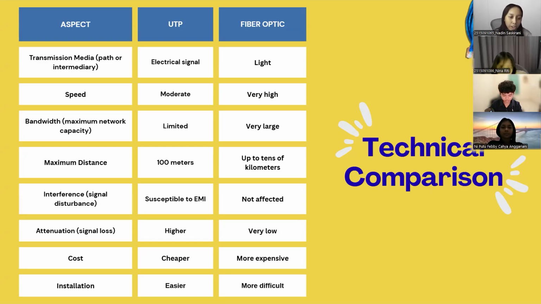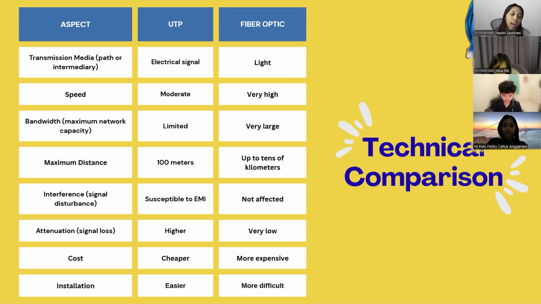Next is bandwidth or maximum network capacity. UTP cable has a limited bandwidth, while fiber optic has a very large bandwidth. For maximum distance, UTP has 100 meters, and fiber optic can reach up to tens of kilometers.